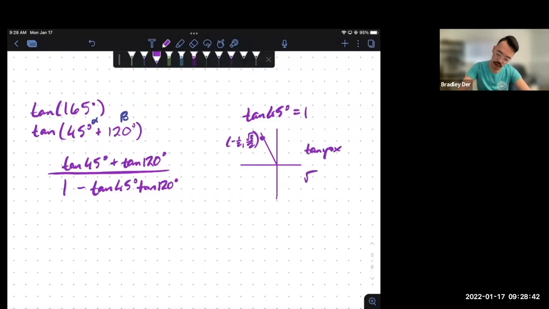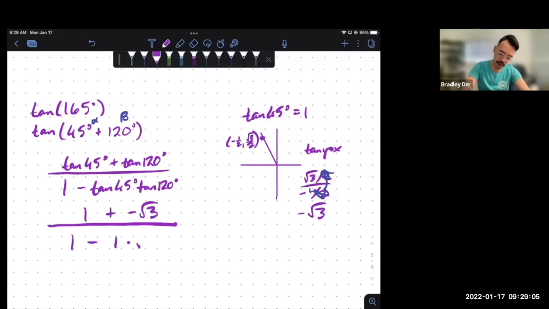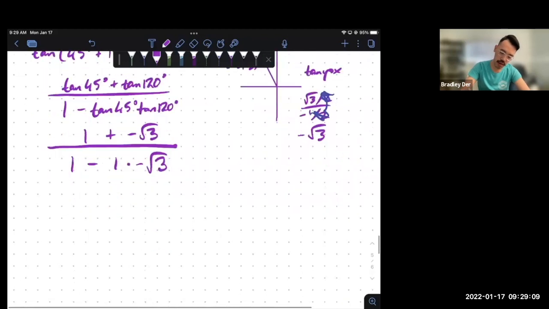So we're looking at root 3 over 2 over negative 1 over 2. If we reduce out the over 2s, you'll just get negative root 3. So 1 plus negative root 3 over 1 minus 1 times negative root 3. Or 1 minus root 3 over 1 plus root 3.